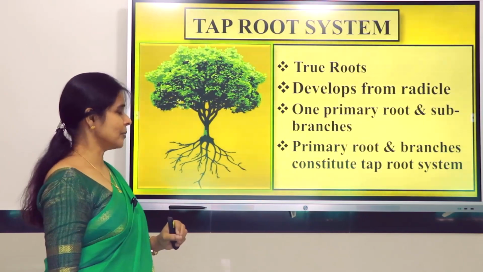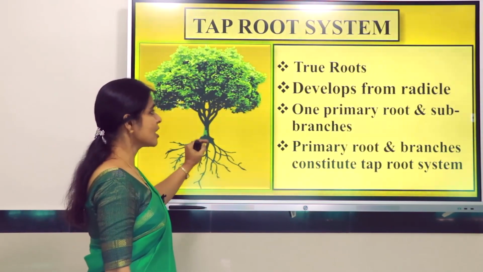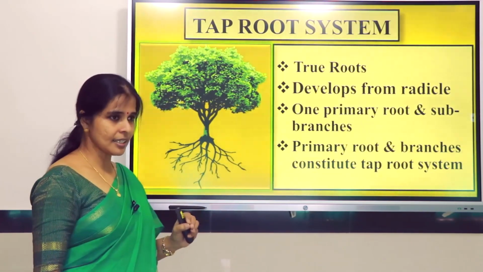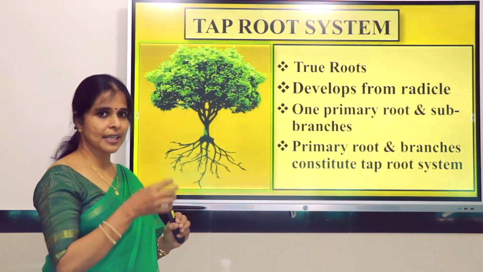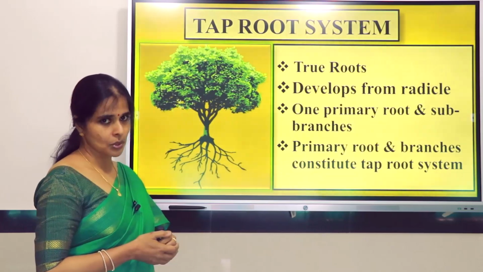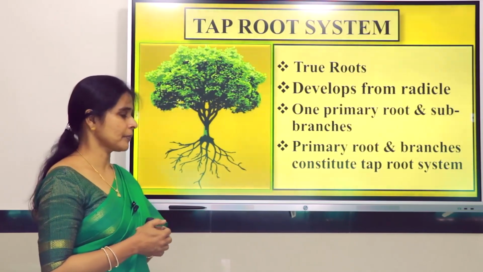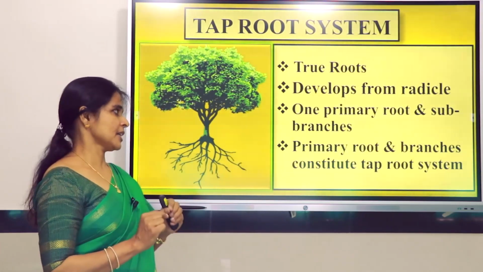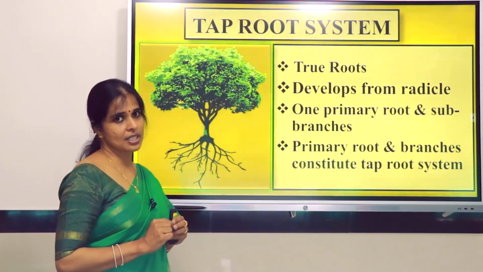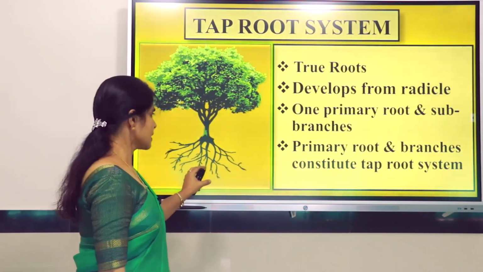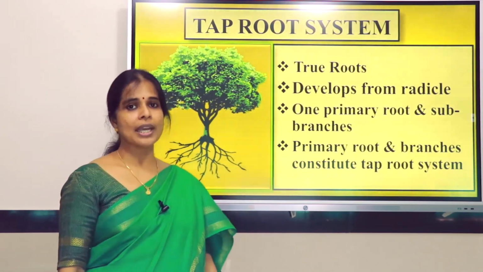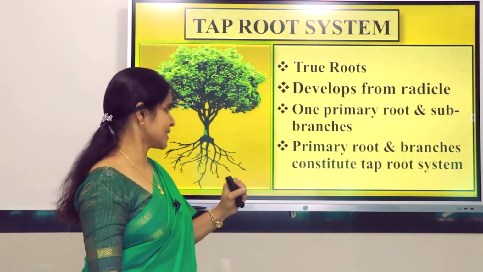The taproot system is generally known as the true root, which develops from the radicle. The radicle further extends its growth, and once it is extending its growth, it is known as the primary root. Then from that primary root many sub branch roots are developing. This primary root and the sub branch roots together we call the taproot system.